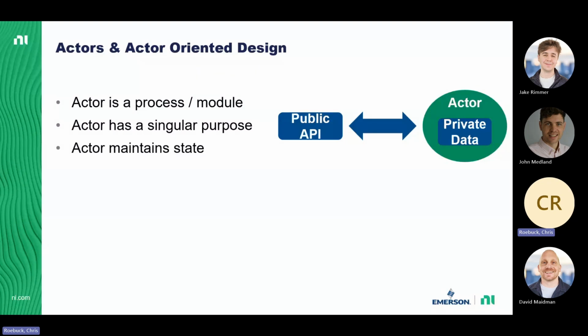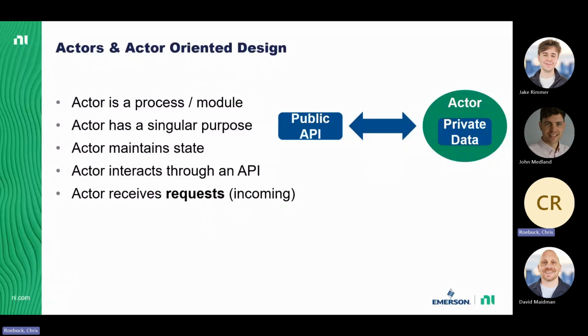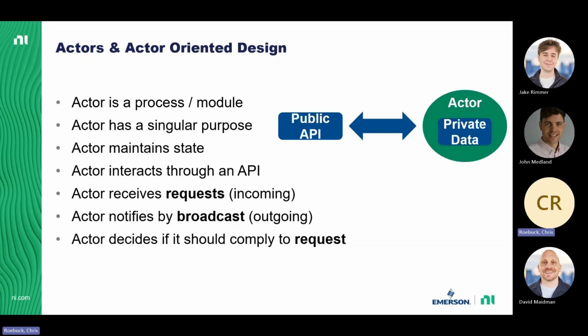It maintains some private data. It is responsible for maintaining that private data, and we can interact with it through an API. It receives requests, so incoming messages that we send to the actor are requests, and it can notify the world that something has happened, maybe some data has changed or that it's performed some action. It notifies us by means of a broadcast.